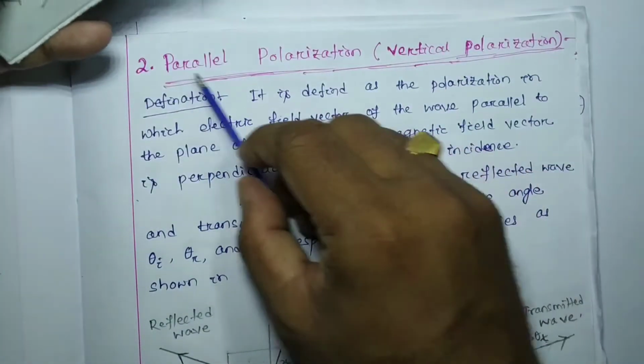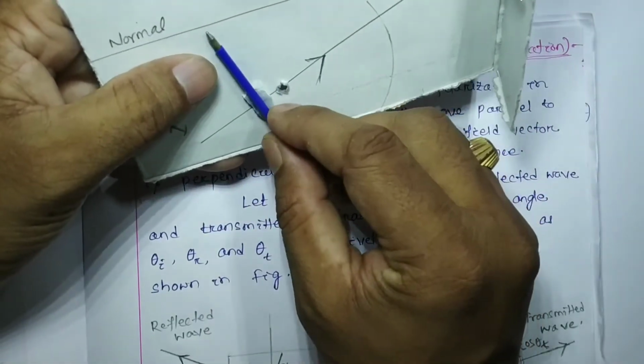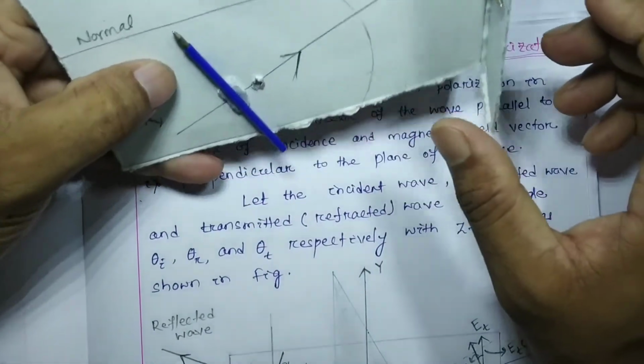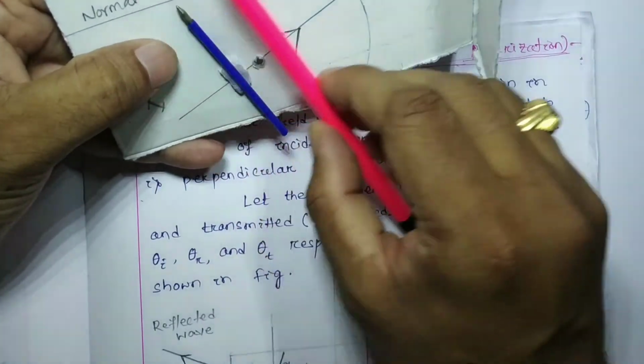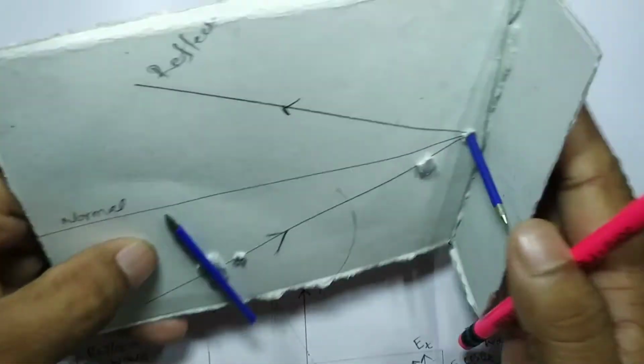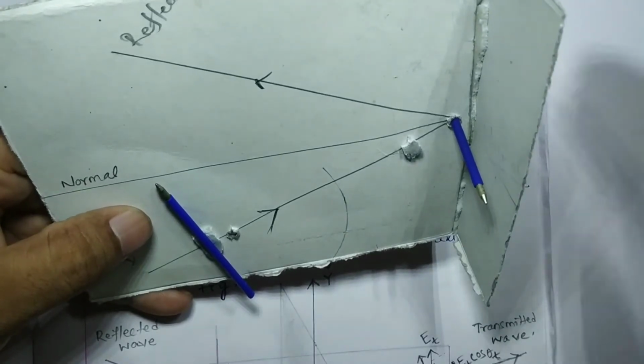So parallel polarization means the electric field vector will be parallel to the plane of incidence like this, and it is propagating like this.